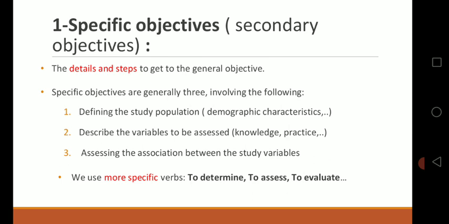مثلا the purpose بتاعنا هو assessment of knowledge and practice and attitude مثلا. معناته the second specific objective دايما بيكون studying these purposes.